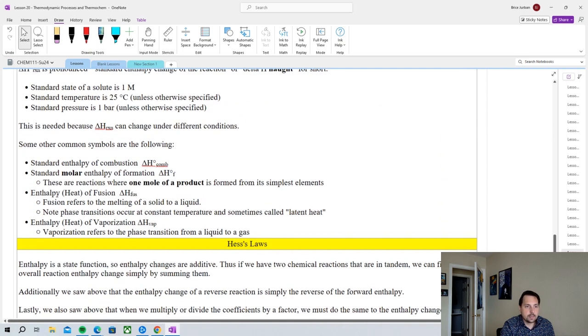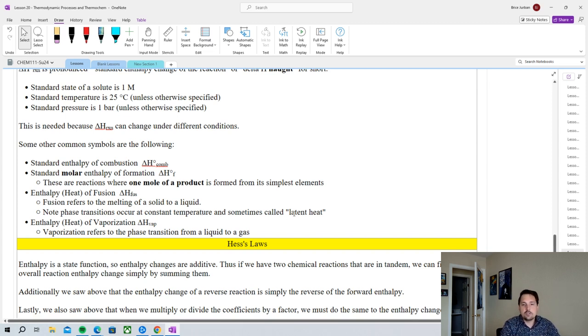And then we can also refer to a heat process of a physical process like fusion or vaporization. Fusion just refers to the melting process of a solid to a liquid. And whenever we have a melting of an object, there's actually a constant temperature at which this occurs.